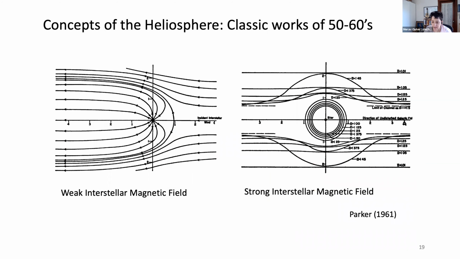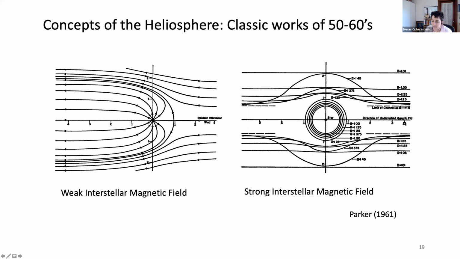It comes back to classic work by Eugene Parker, the same guy that discovered the solar wind. When Parker was thinking about the shape of the heliosphere, he ignored the solar magnetic field and thought that if the sun has a wind and it's moving through the galaxy, you will have a comet shape like that. However, if the sun has a wind, moves through the galaxy, and you include a very strong interstellar magnetic field, the plasma outside of the heliosphere is going to be organized by the magnetic tension of the interstellar magnetic field.